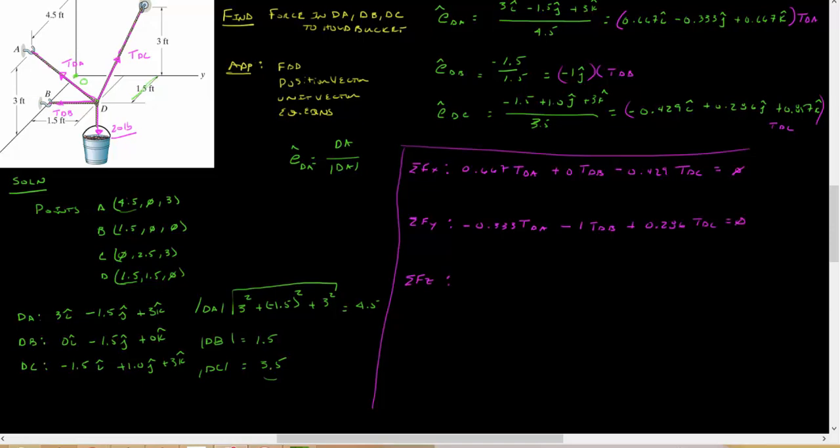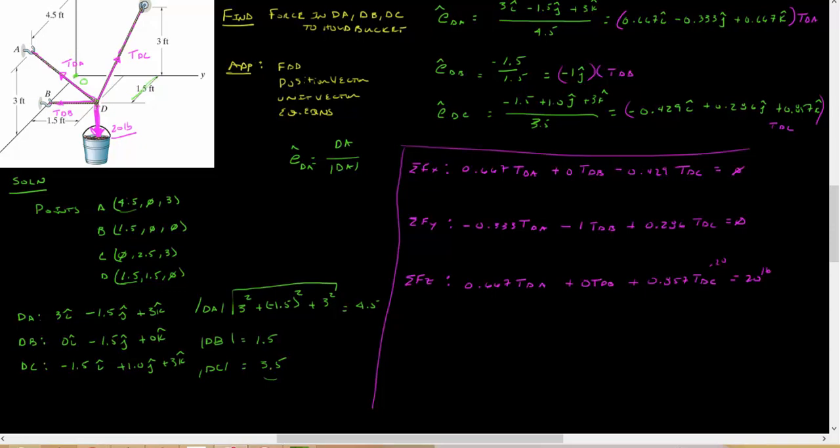And the last one is summing my forces in the z: 0.667 TDA plus 0 TDB, and then plus 0.857 TDC, and I have my force in my y component, so that's going to equal 20 pounds, or I could say negative 20, and then add 20 to both sides, and that would cancel.